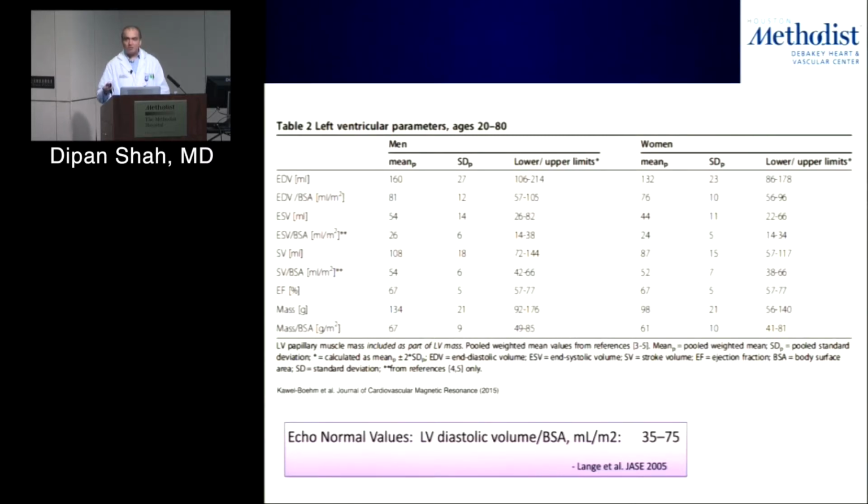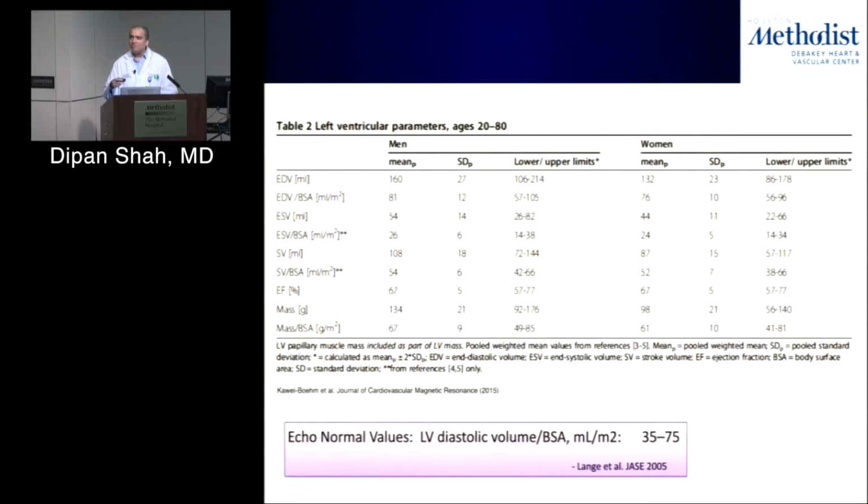So it's important to make sure we look at the normal values that are done with the CMR technique that we're using, and recognize that it can be quite a bit different than normal values, for example, by echocardiography, where normal end diastolic volume index by echo in this publication in the guidelines was 35 to 75, whereas you can see for men, the normal end diastolic volume index, which is shown here, is anywhere from 57 to 105, and for women, 56 to 96.